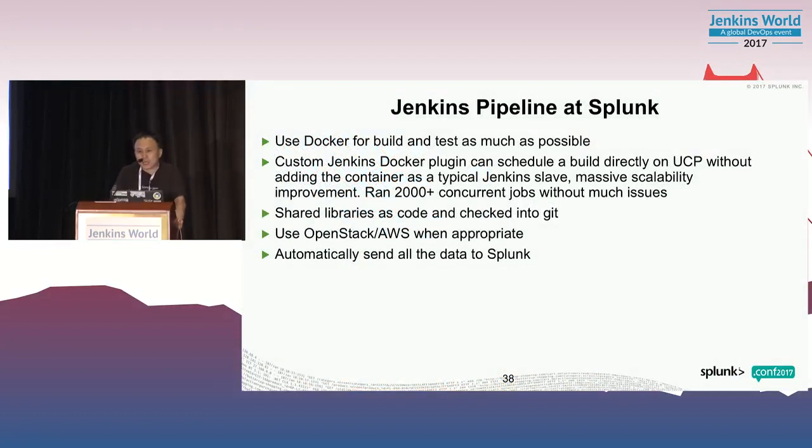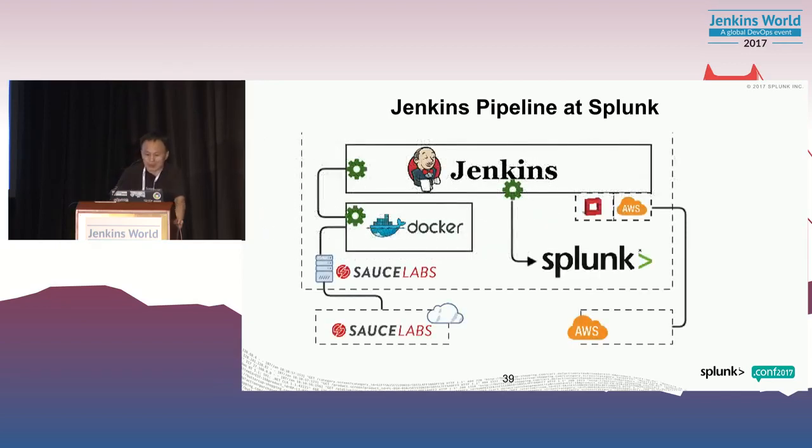Right now, we are using Docker to build as the primary source. We run a single master using a homebrew Docker plugin to run more than 2,000 builds concurrently, and the Jenkins master uses less than 4 GB memory.